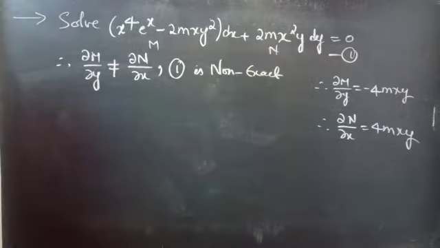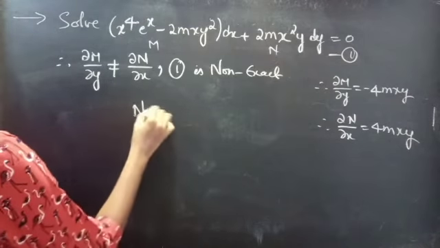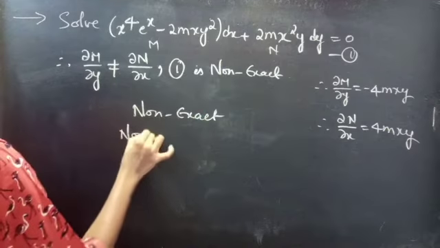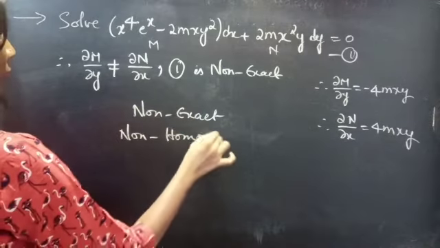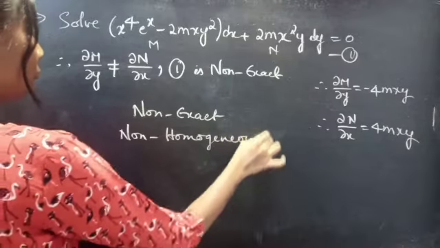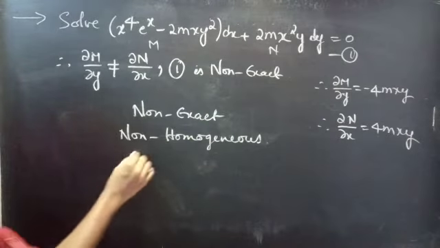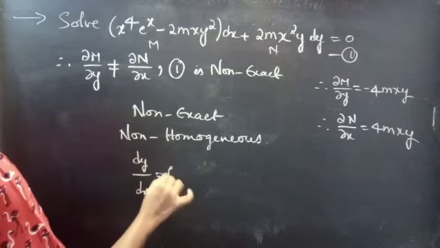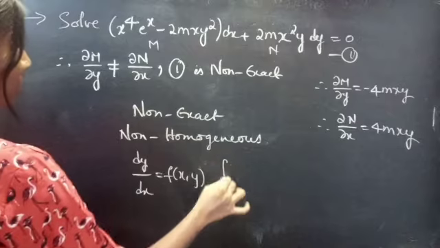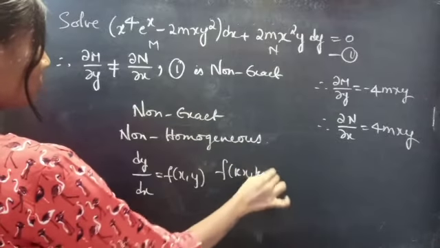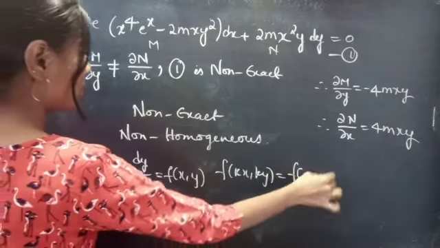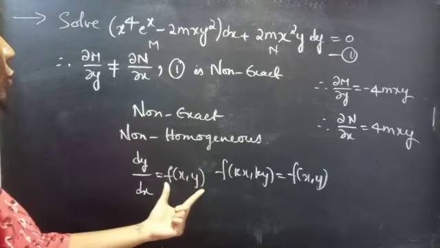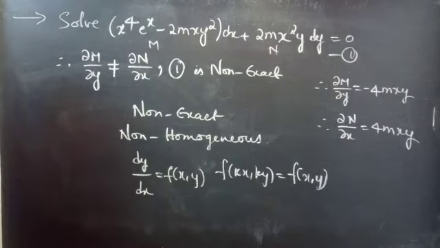Since the given equation is non-exact and also it is non-homogeneous, you can check by reducing the given equation to dy/dx equals some function of x, y. If f(kx, ky) equals f(x, y), then we can say that this function is a homogeneous function, and the differential equation involving a homogeneous function is a homogeneous differential equation.